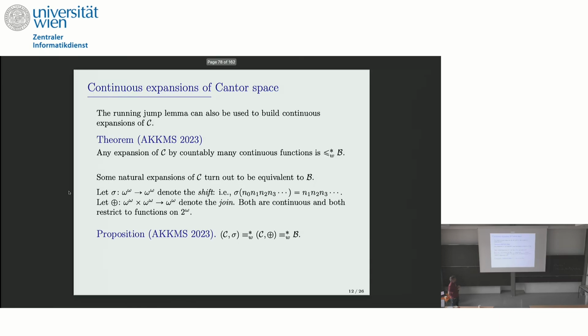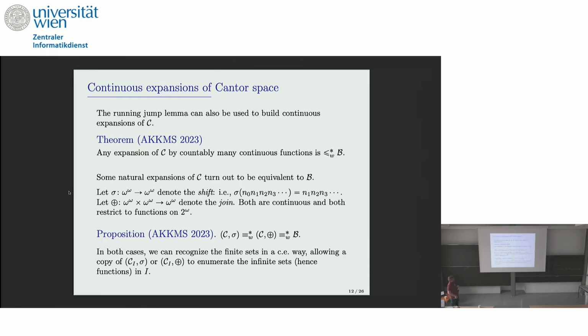And that's because if I add the shift or the join, I have a CE way to recognize that a set is finite. In other words, given the shift and a set with only finitely many ones, I just shift it, keep comparing to the all-zero sequence.